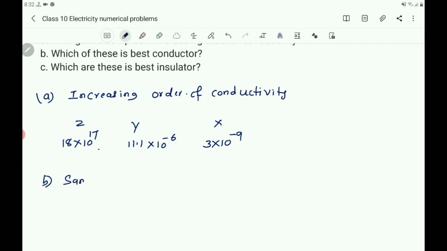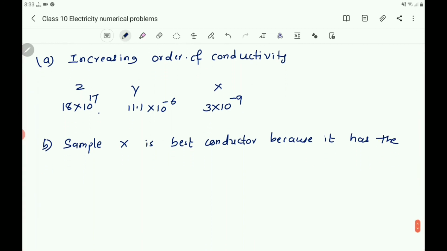Sample X is the best conductor, because it has the least resistivity value.